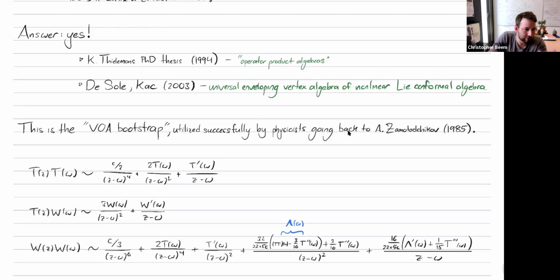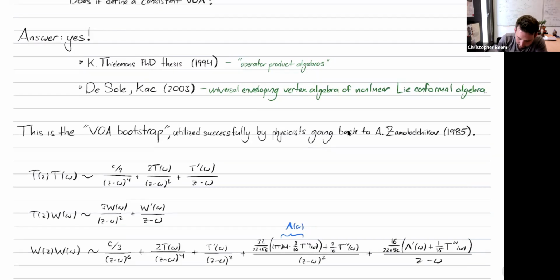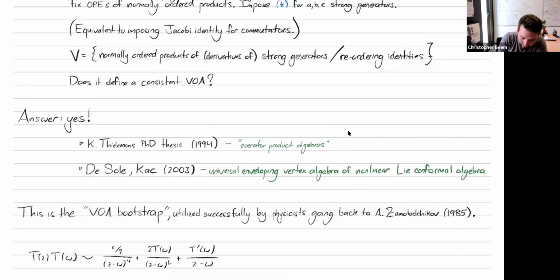So you try to define the mathematical gadget that you are using when you say, I'm going to define strong generators and their singular OPEs only, subject to some consistency conditions. That data is a so-called nonlinear Lie conformal algebra. And then there's an automatic operation that turns it into a vertex algebra of the type that is sketched out in these words.